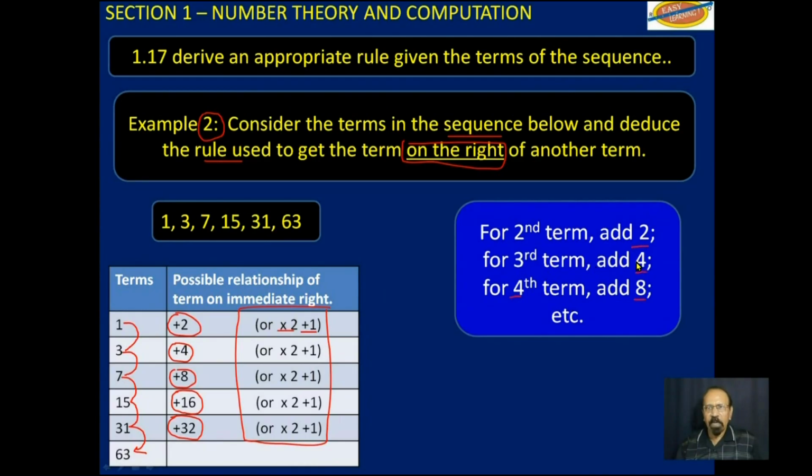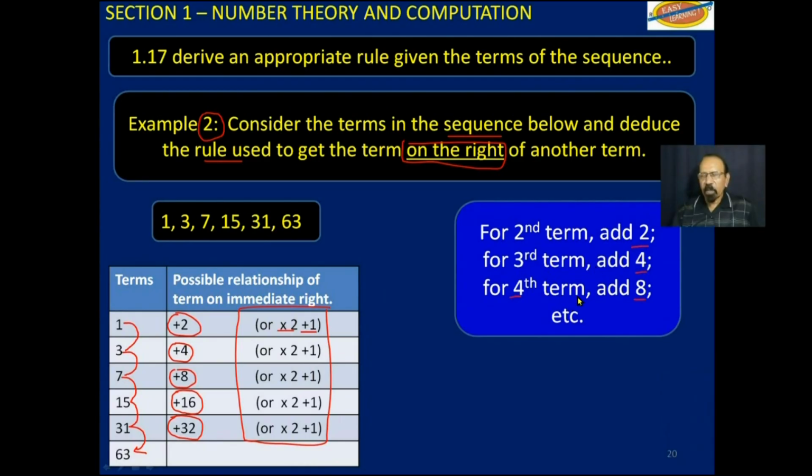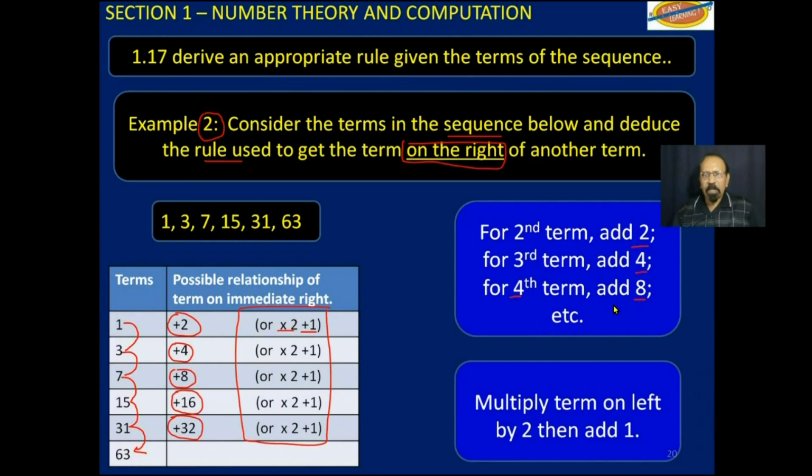Fourth term, we got 8. So it looks like you multiply the term on the left by 2 and then add 1. That seems easier than deriving a rule from 2, 4, 8, 16, 32, though you could derive a rule if you want to. But this rule here seems easier.